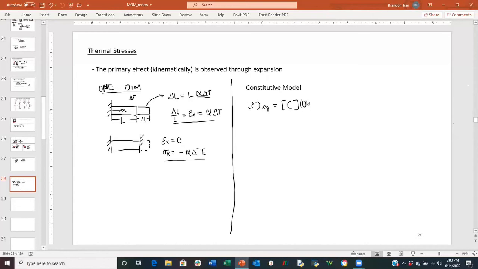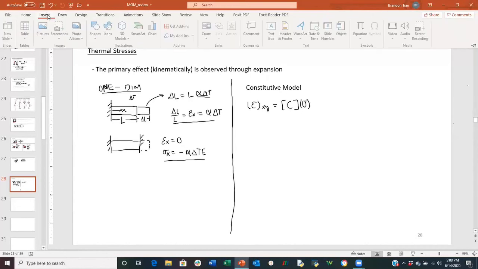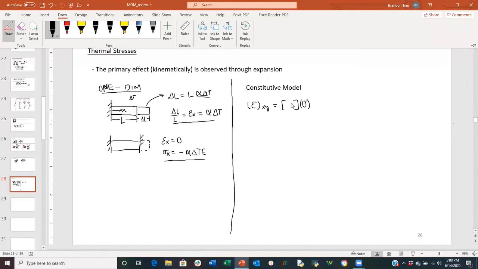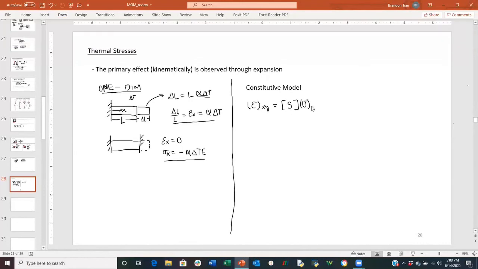For completeness' sake, if it was compliance, it wouldn't be C, it would actually be S. Okay, here's our compliance matrix times our stress vector here. Now, the expansion, as we addressed before, is contributed by the thermal coefficient times the change in temperature here. So this expansion term, the strains, must be also complemented by that phenomenon, which we've observed empirically and theoretically, alpha delta T.